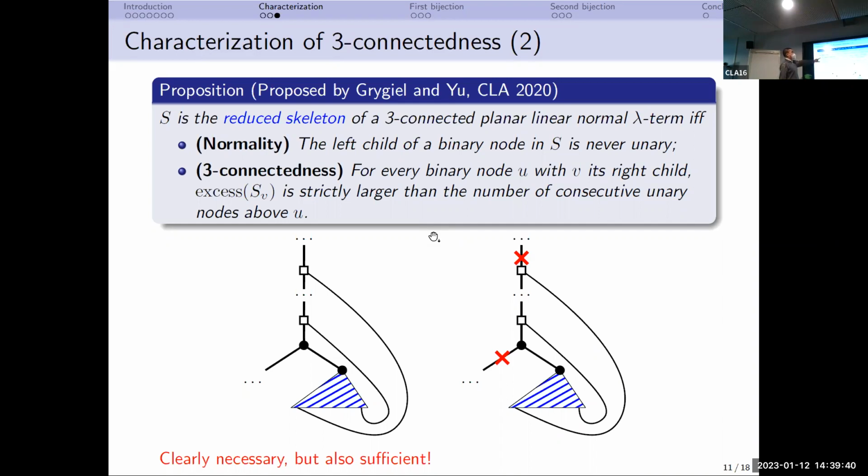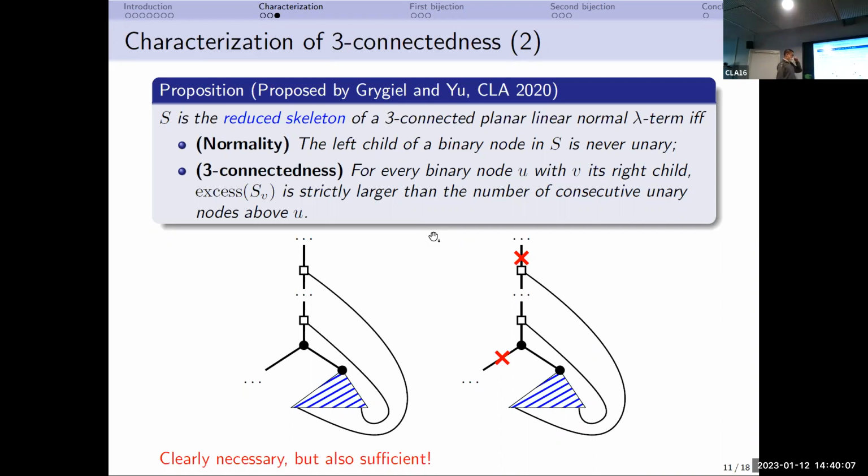And the second one stands for free connectedness. I call it like this. If we have a binary node and we look at its right child, then the excess of the subtree induced by the right child must be strictly larger than the number of consecutive unary nodes above the original vertex.